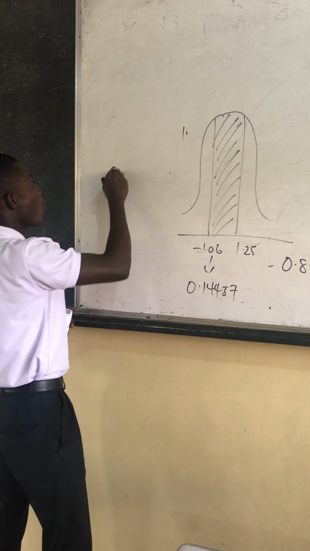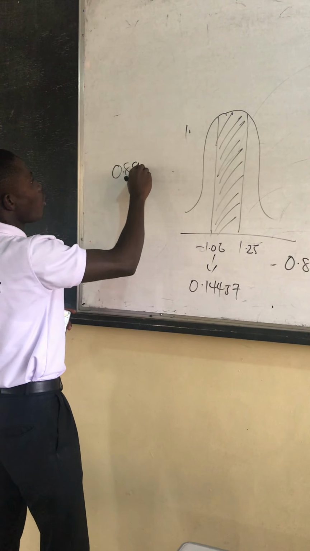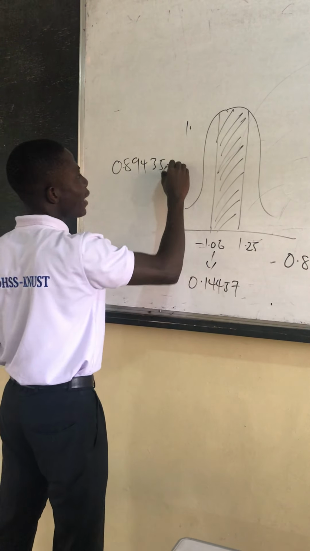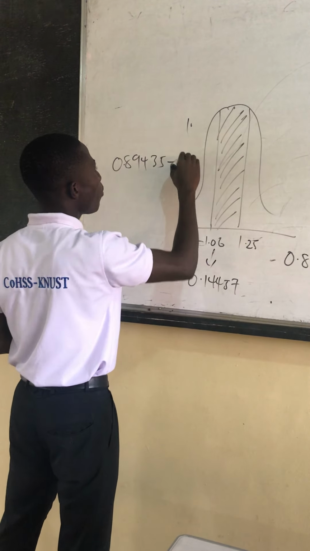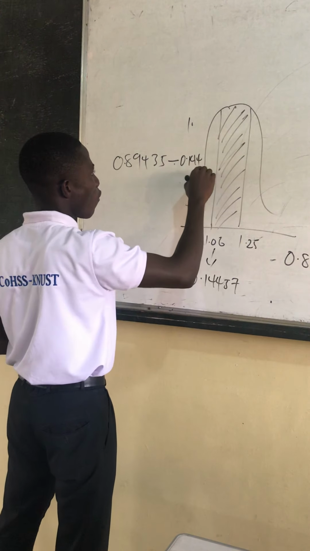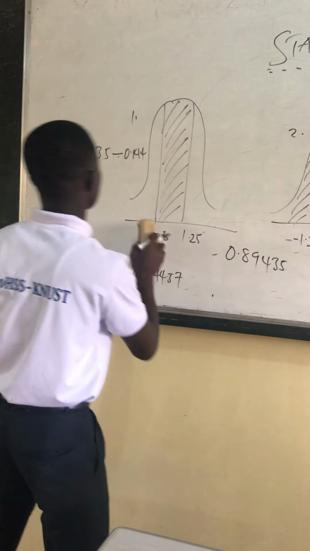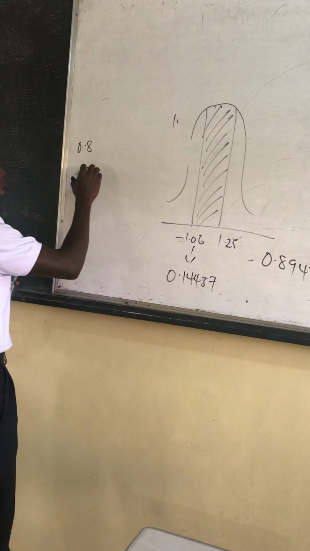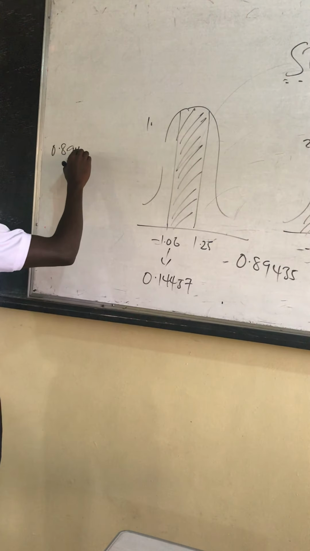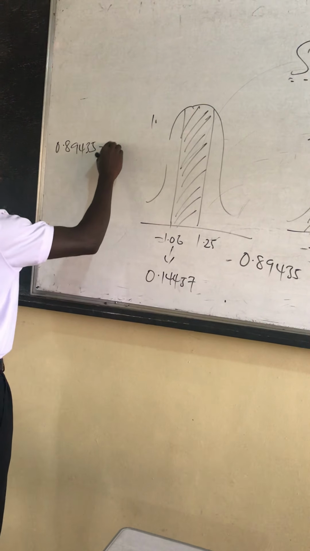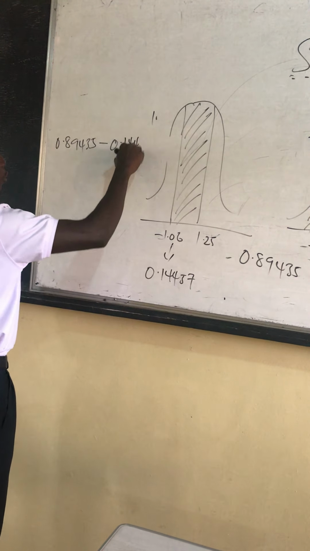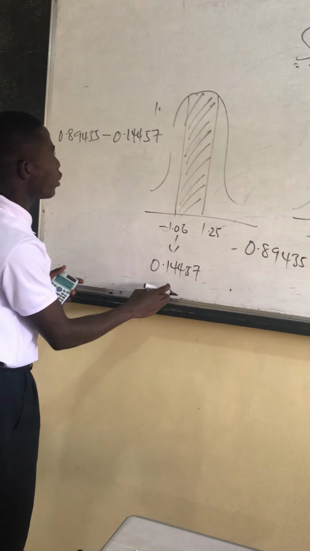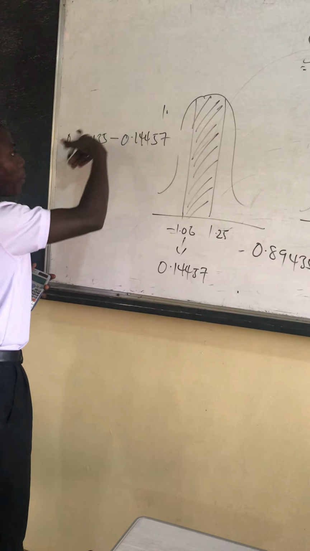So it will be 0.89435 minus 0.14457. This one is bigger than this one, so we subtract the smaller one from the bigger one.